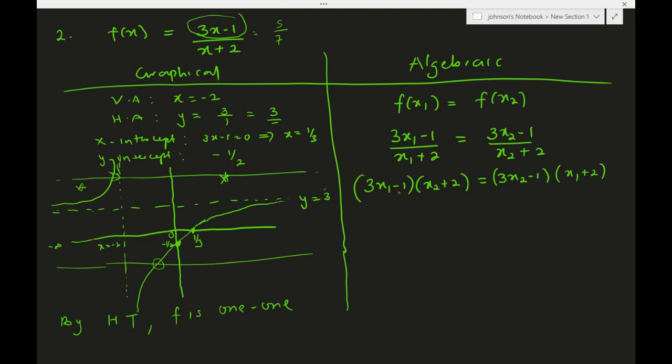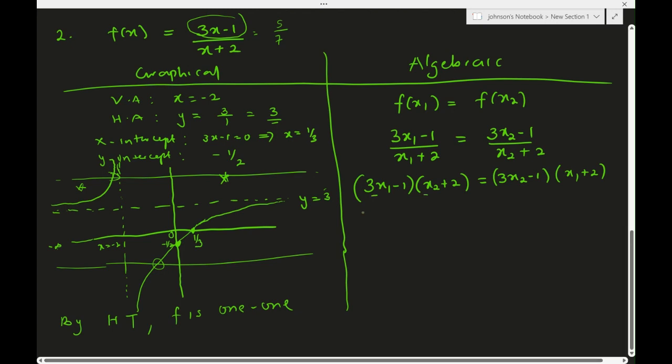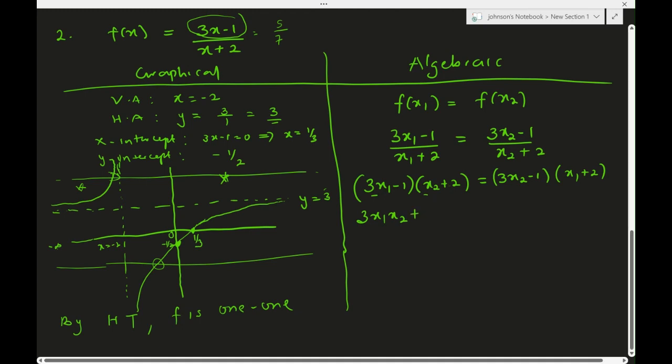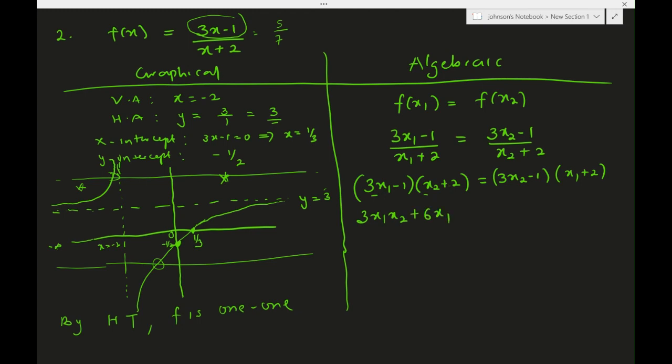Now, if you expand this, what do we get? This and this will give us 3x1x2, plus 6x1, minus x2, then minus 2.